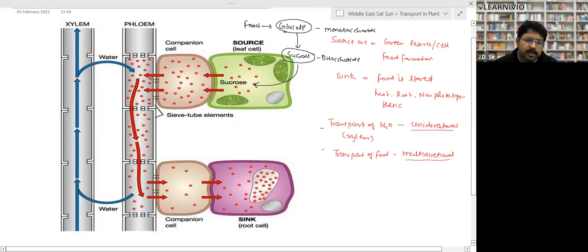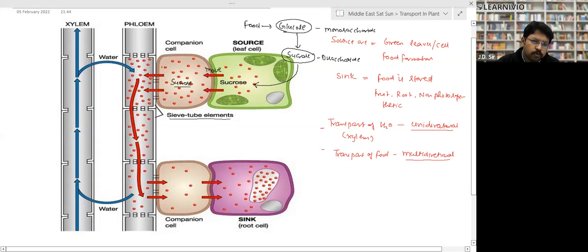It moves to the companion cell with the help of small pores called plasmodesmata. Whenever the sucrose reaches the companion cell, it moves from the companion cell to the nearby sieve tube element.